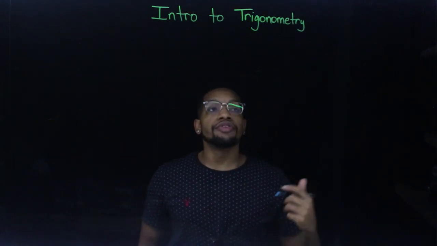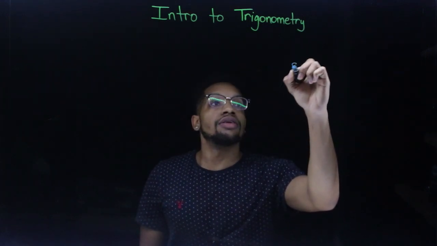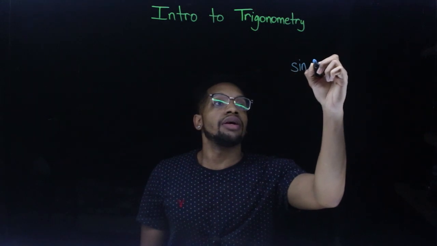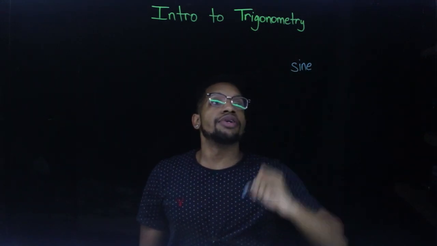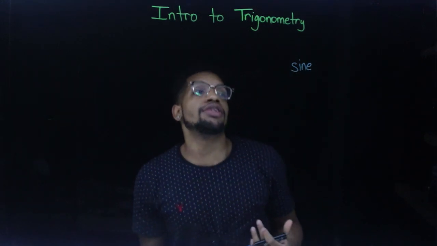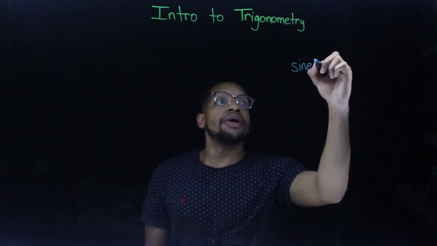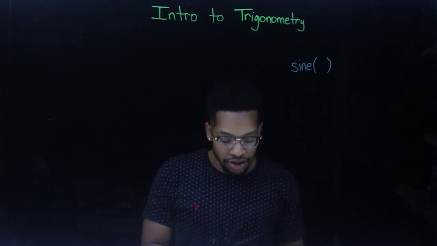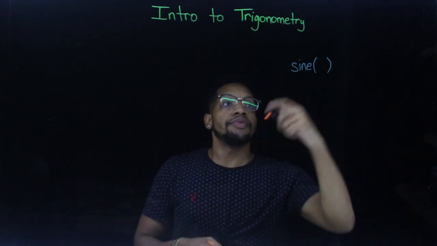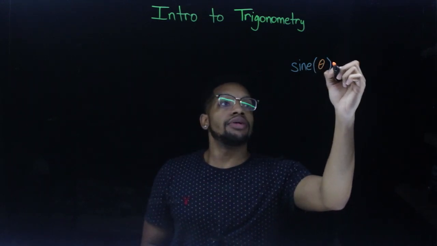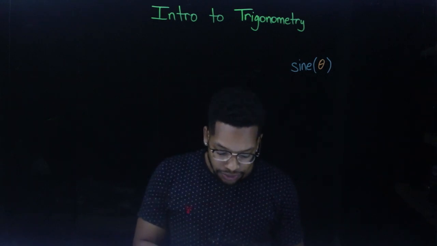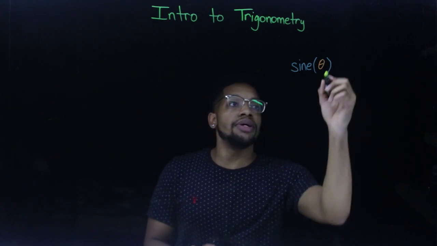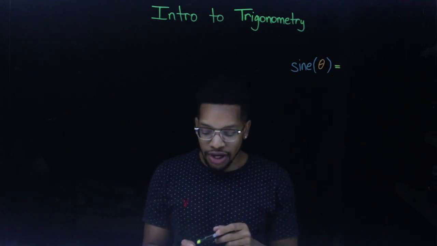All right, so the first of 3 functions is called the sine function. And it's spelled like this, but you're gonna see it just S-I-N because they like to abbreviate. And the way the function works is like this. Your input is gonna be theta every single time. Theta is always gonna be your input. And then your output is just gonna be a ratio of sides.